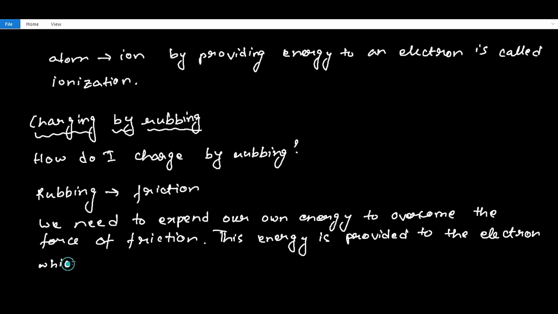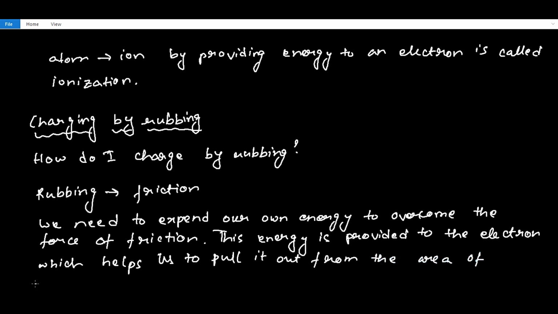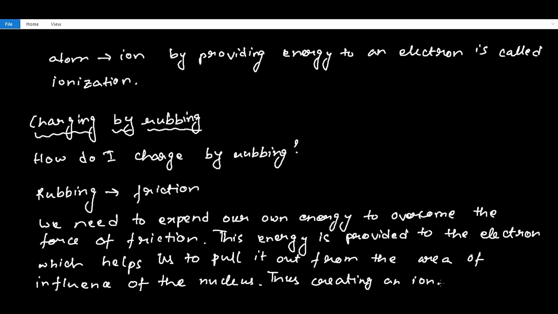This energy is provided to the electron, which helps us to pull it out from the area of influence of the nucleus, thus creating an ion.